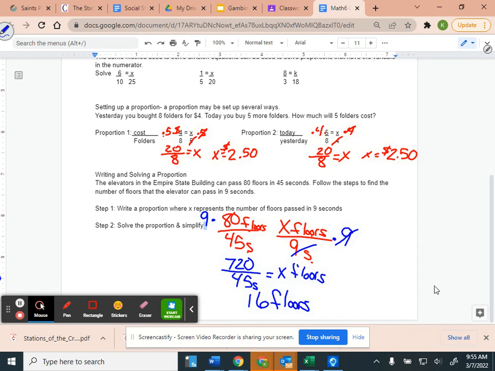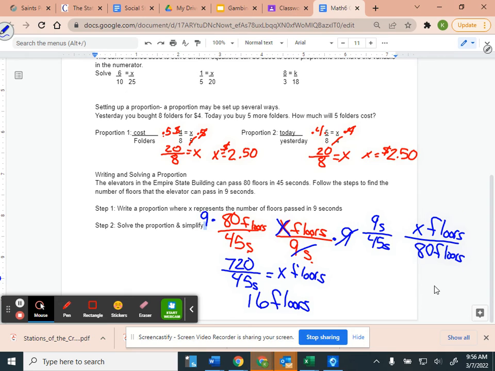Did we see how we solved that? So you want to keep it easy for yourself. Make sure that you keep what you're looking for as your numerator. And you want to be consistent. So we had floors as a numerator. I'm going to keep floors as my numerator. Okay. I could set it up if I have x floors, I could have put the 80 floors, the 9 seconds, and the 45 seconds.